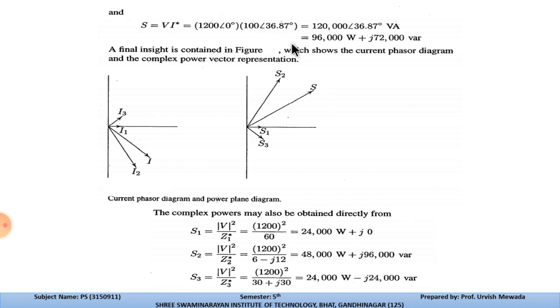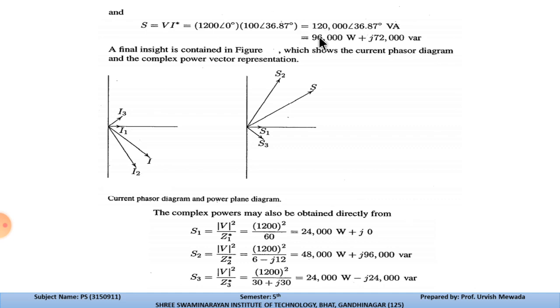Now why is it taken as positive? Because we take I conjugate here, so this minus 36 is converted to plus 36. If you calculate these two in a plus jb form, the final value we get is 96,000 W and 72,000 var.